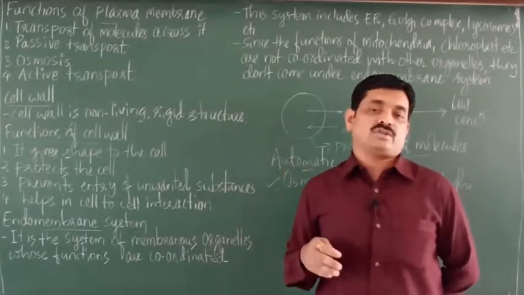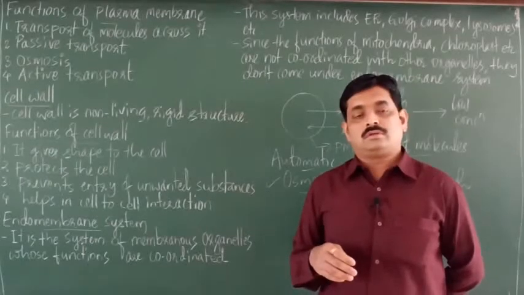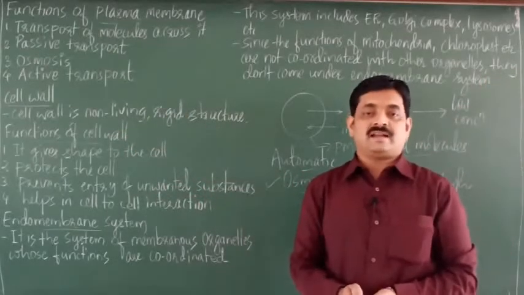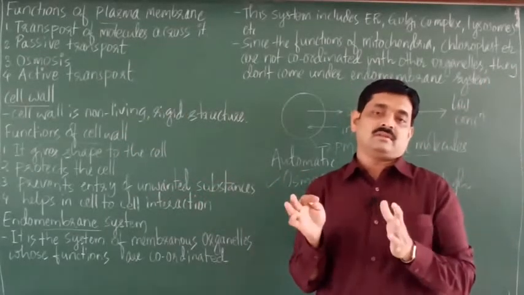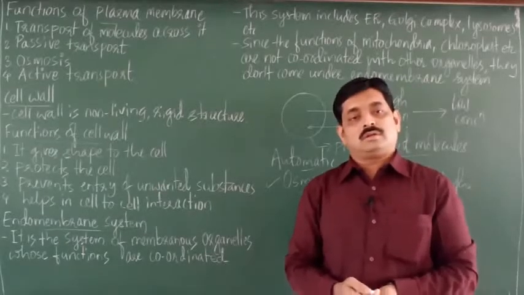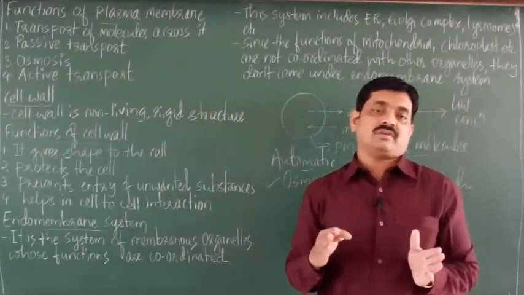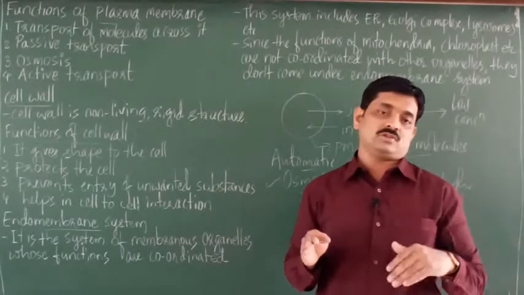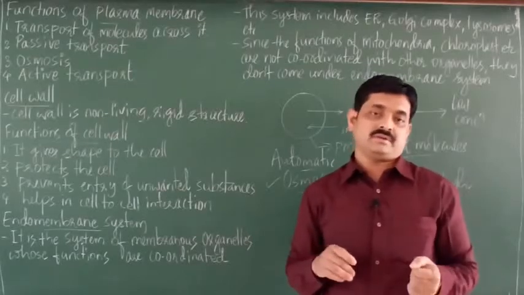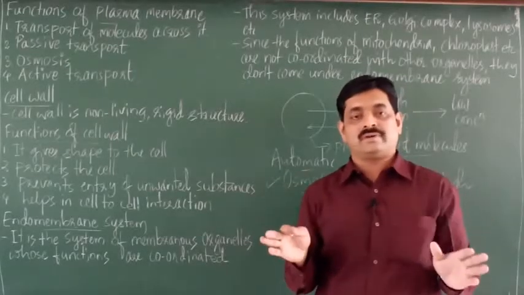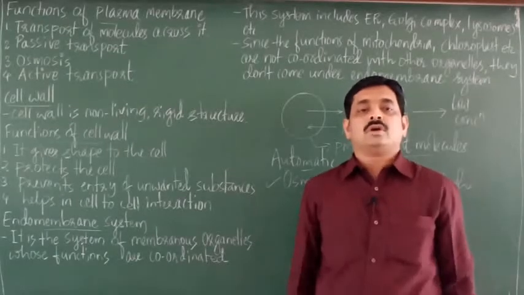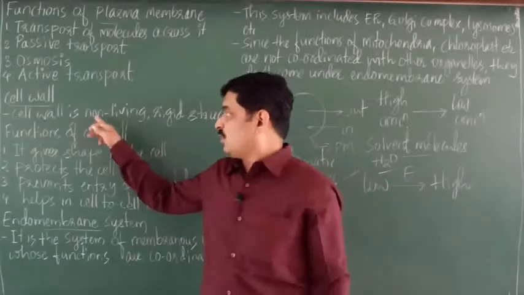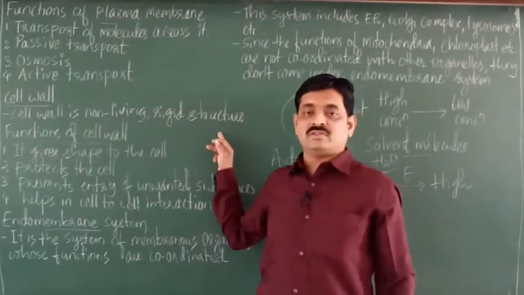So what is the exact location of the cell wall? In the previous videos we discussed the ultrastructure of a plant cell. In that you might have seen the cell wall. Cell wall is located exterior to the plasma membrane, right? It is located exterior to the cell membrane. So it forms the outer covering. How can you define a cell wall?